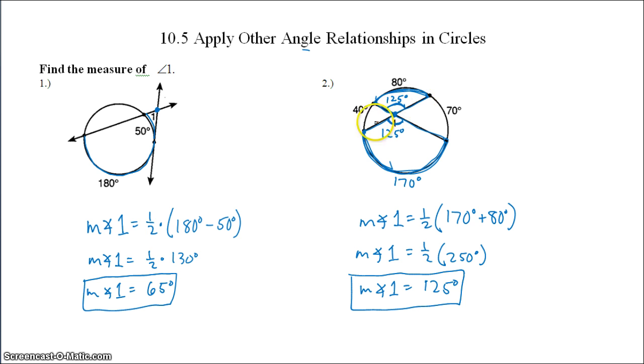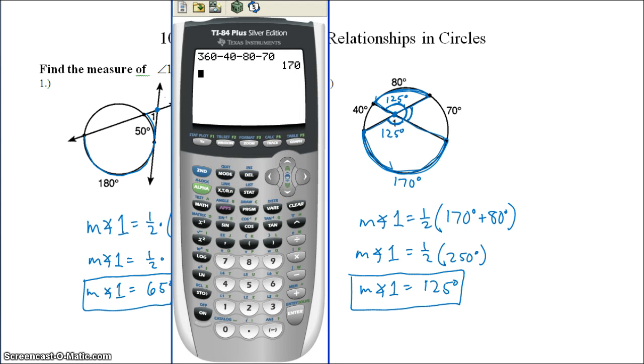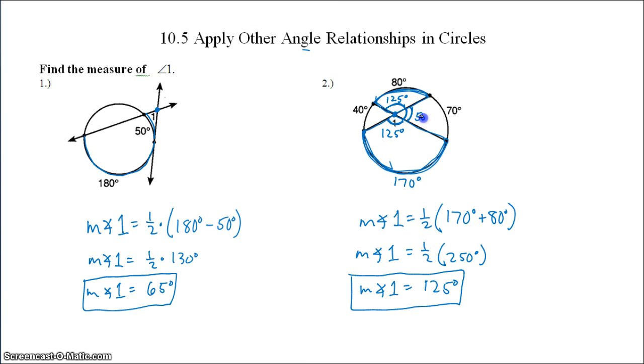And if you look, I have two straight lines. So this angle is supplementary with this angle, which means that this angle is also 55 degrees. So if I look, this angle is going to equal 1/2 of this plus this.